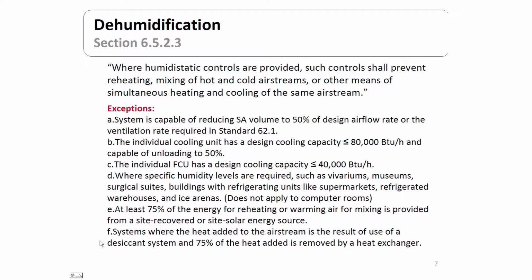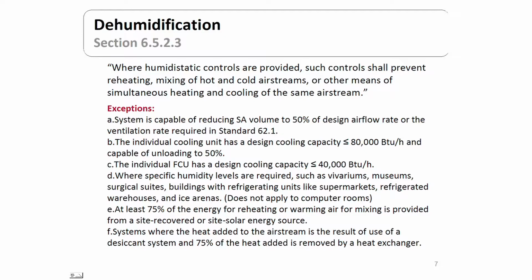If you're going to violate the ventilation standard 62.1, of course, that's exempted. And if you have specific humidity levels that are really required, such as in vivariums, museums, surgical suites, certain buildings with refrigerating systems like supermarkets, refrigerated warehouses, ice rinks, and so on, those would be exempt from this.